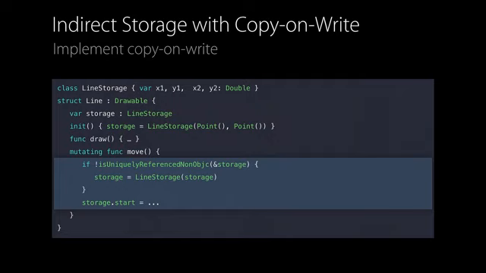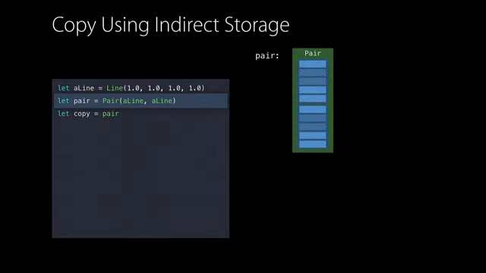Okay, so we've seen how we can combine a struct and a class to get indirect storage using copy and write. Let's come back to our example to see what happens here. This time using indirect storage. So again, we create a line. This will create a line storage object on the heap, and then we use that line to initialize our pair.